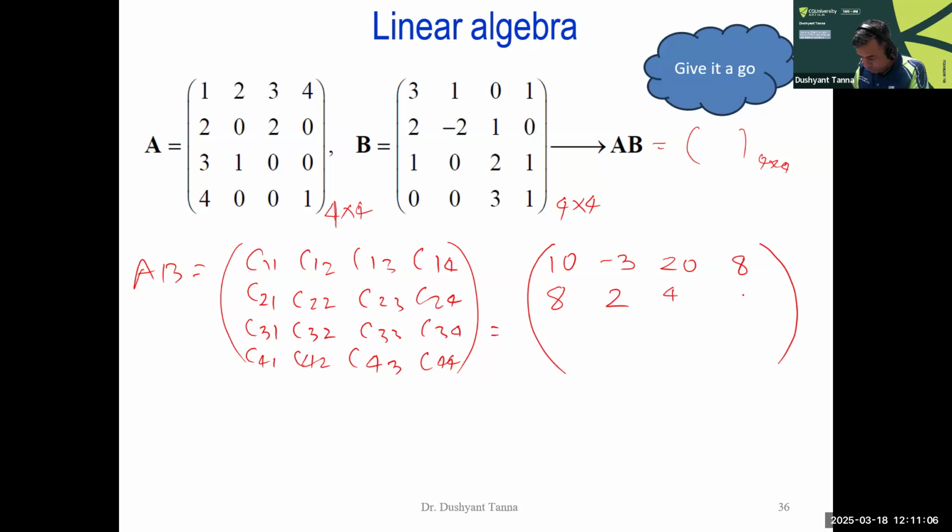So that's 4. Then the third row: 9 plus 2, that's 11, then 0, 0, 1, then everything else is 0. So that's just 1, 3, 0, rest everything is 0.